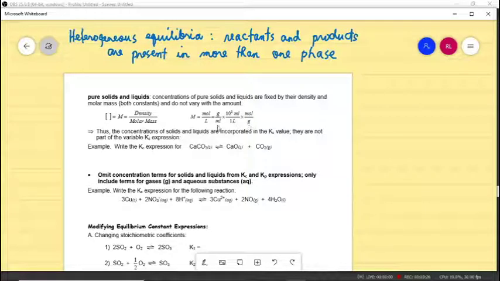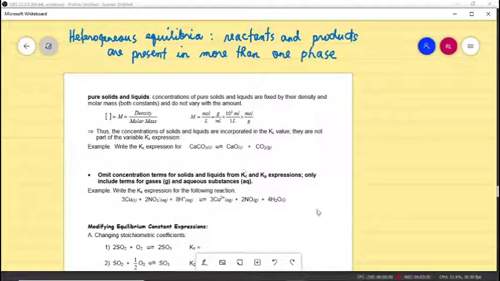As you can see, this gives the molar concentration, and it shows that the concentration of a certain solid is fixed by its density and molar mass. So that is why the concentrations of solids and liquids are incorporated in the Kc value, but not part of the variable Kc expression.